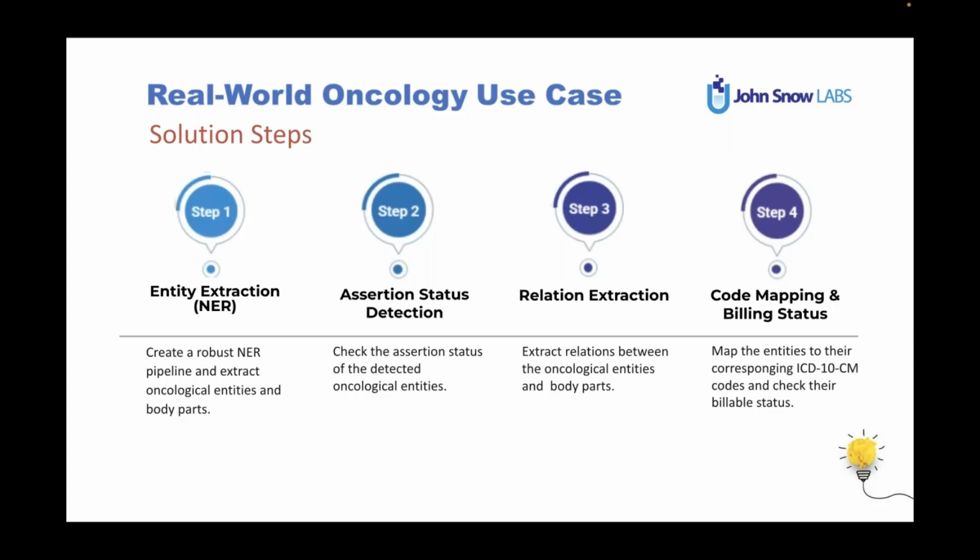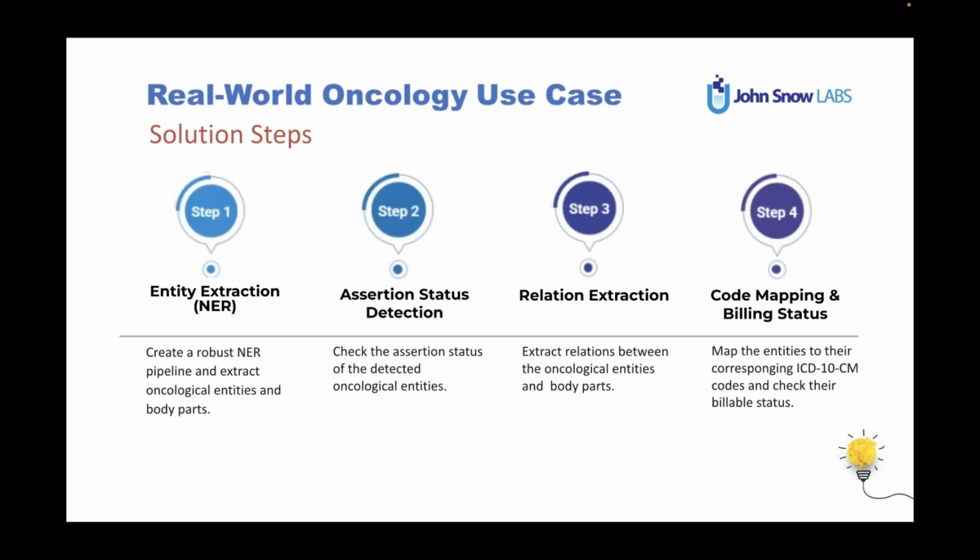To check their negation status, we need to leverage the assertion status models we have in the library. Also, there are family history sections in the clinical notes. If the terms or chunks are related to the patient's family, we need to discard them while calculating risk adjustment scores or checking the billable status of those codes, right? So we will use assertion status models.